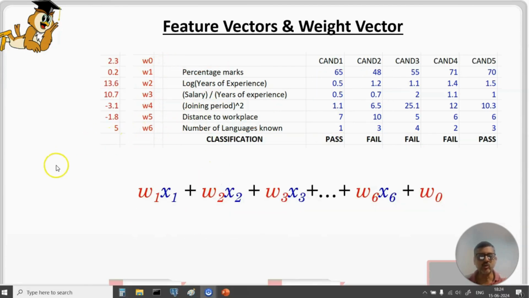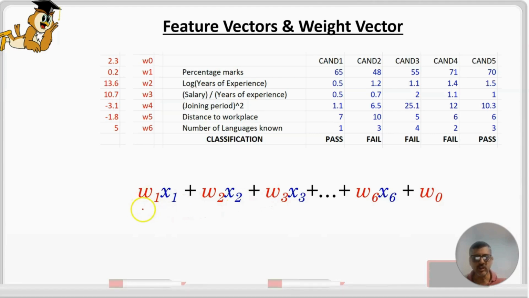What we are going to do is calculate this for each of these candidates, with the W values that you have begun with.